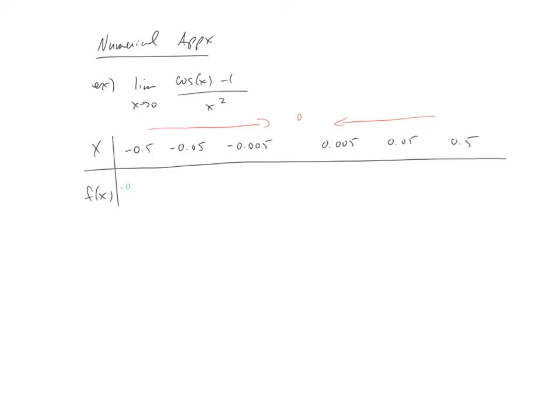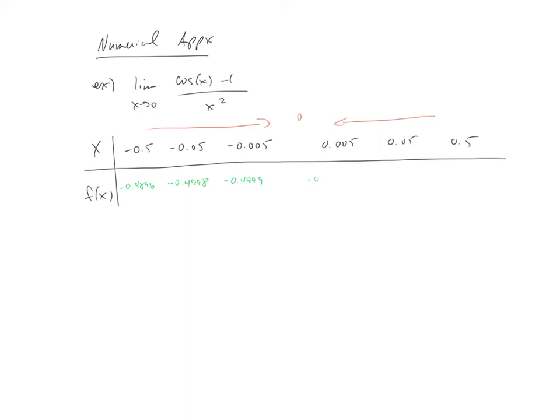So negative 0.4896, negative 0.4998, negative 0.4999. And then this function, to save a little bit of time, if you catch it, is an even function. If you run the even and odd test on it, you'll find out that it's an even function, in which case the negative answers will be the same as the positive answers.